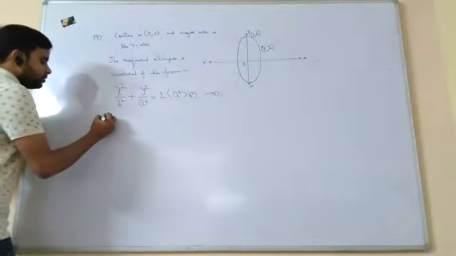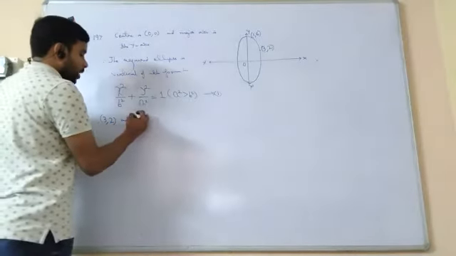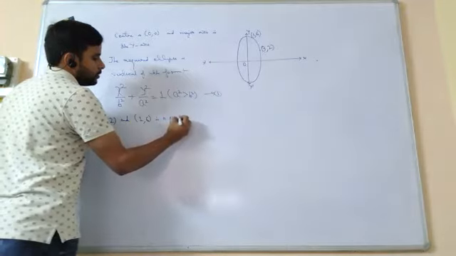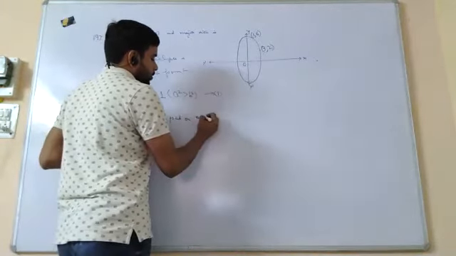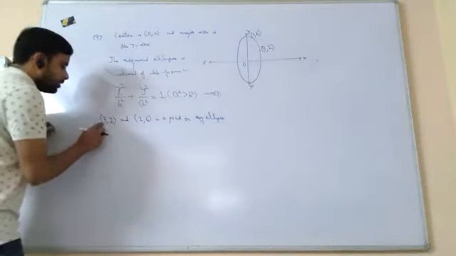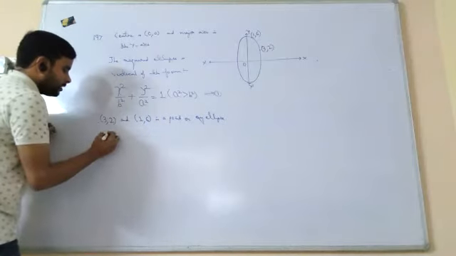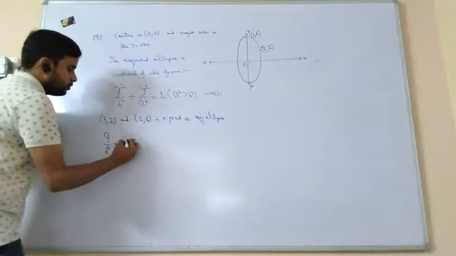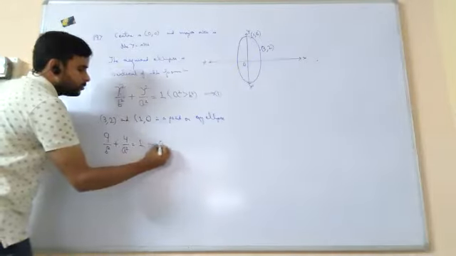So since (3, 2) and (1, 6) is a point on an ellipse, so we can say that at the place of x and y put 3 and 2, तो ये क्या हो जाएगा: 9 by b square plus 4 by a square equals to 1, mark it as equation number 2.